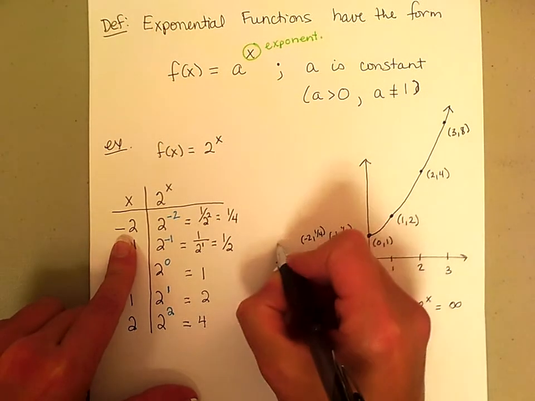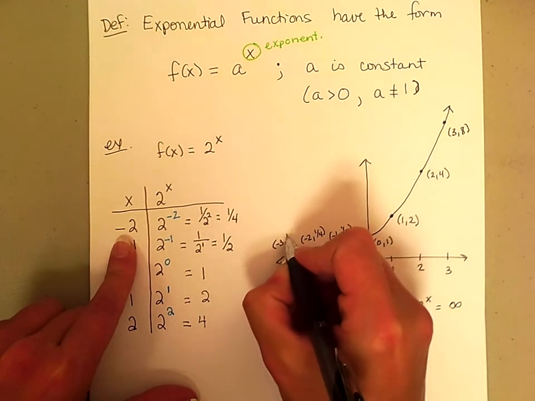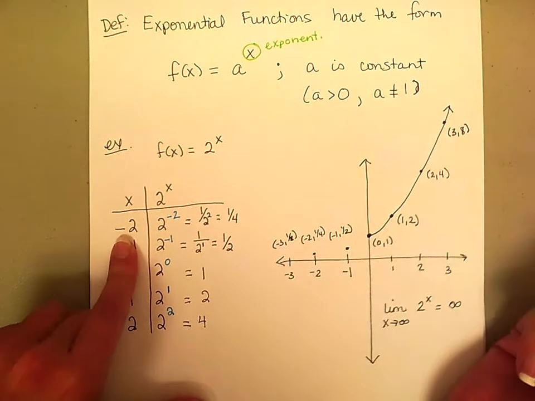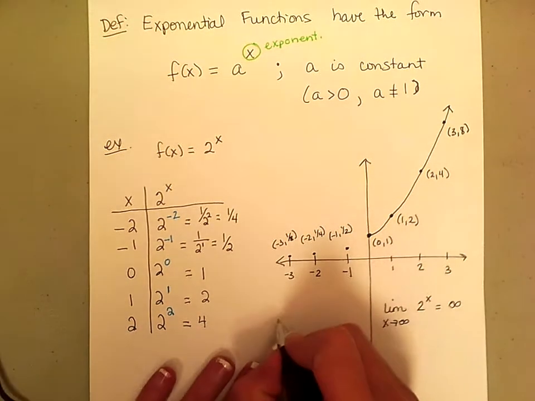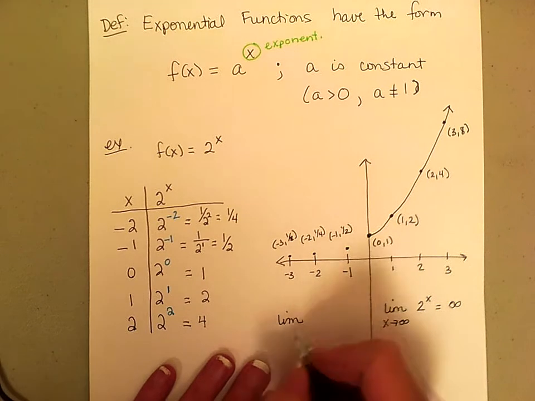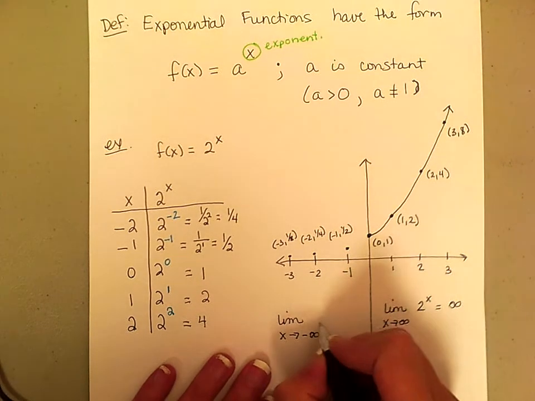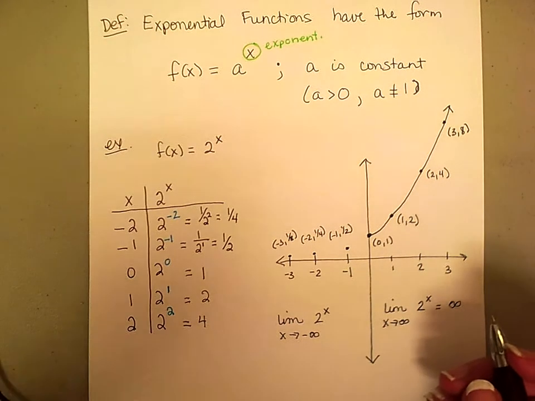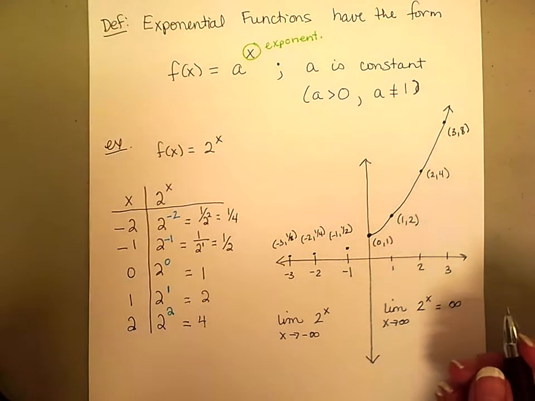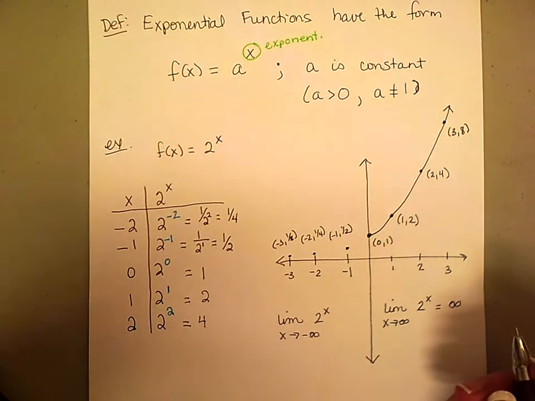If x were negative 3, we would have 1/8. And so now I'm wondering, what is the limit as x goes to negative infinity of 2 to the x? Is there a bounding behavior? Is it taking off to negative infinity?